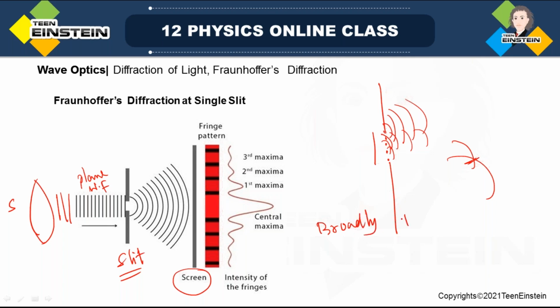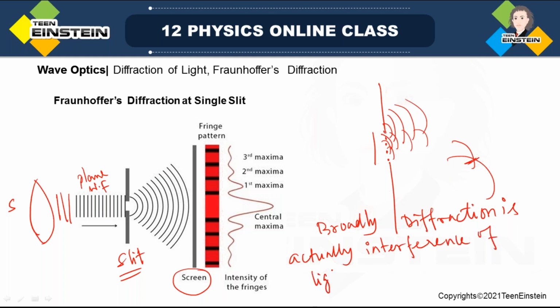So broadly, diffraction is actually interference of light waves from the same wave front. In the case of the double slit, Young's double slit experiment, there are two sources, so waves were coming from two different sources.